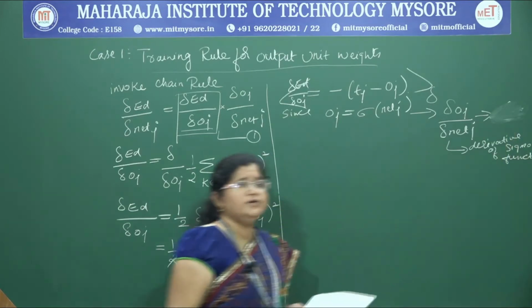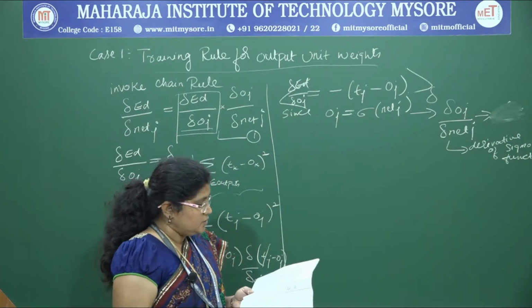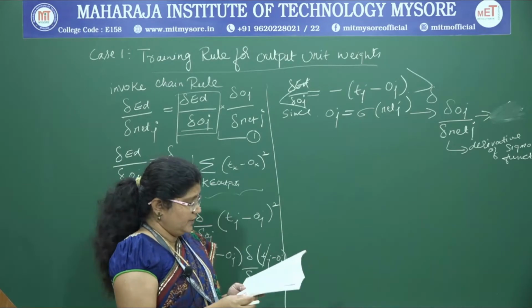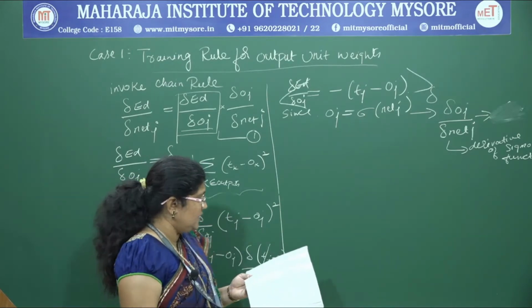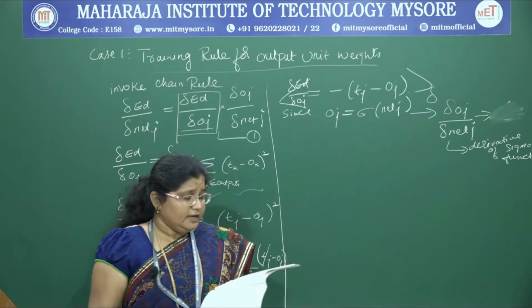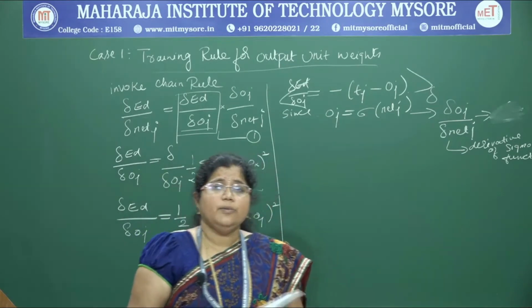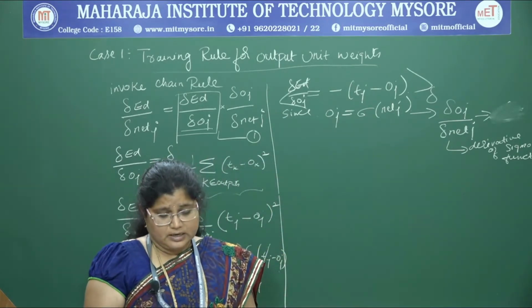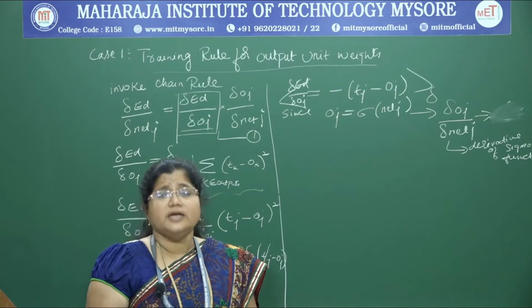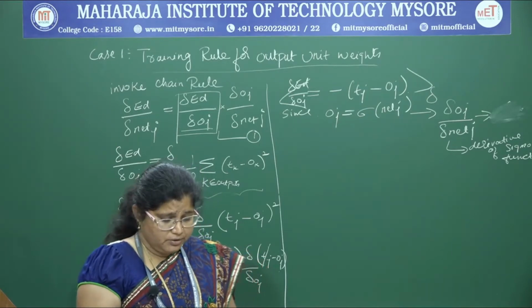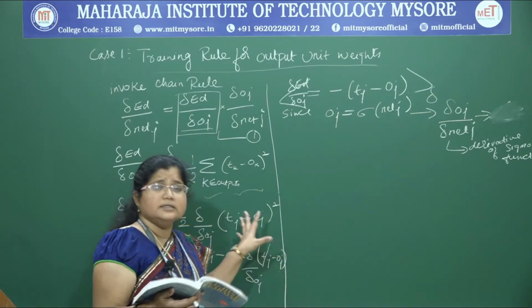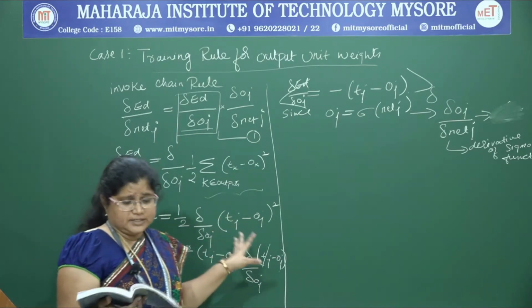That sigmoid function, as already noted, is sigma of net j into 1 minus sigma of net j.